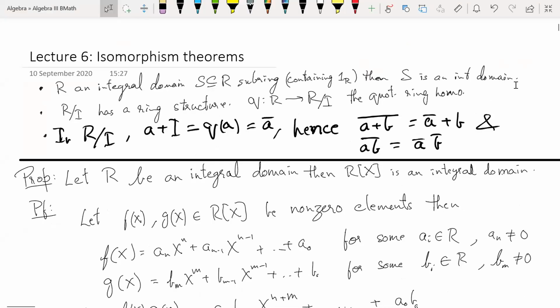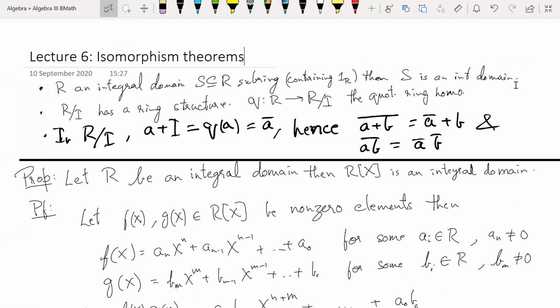So last time we discussed integral domains a little bit, and then quotient rings. And I alluded towards isomorphism theorems towards the end.